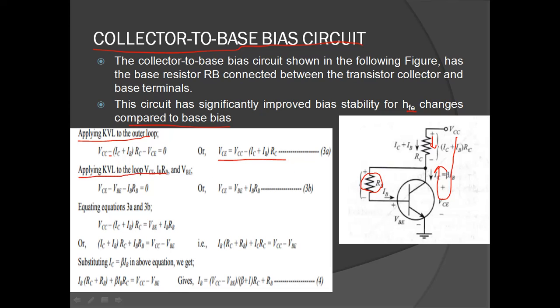Applying KVL to the loop VCE, IB, RB and VBE, you get VCE is equal to VBE plus IB RB. So this is nothing but VCE minus VBE.